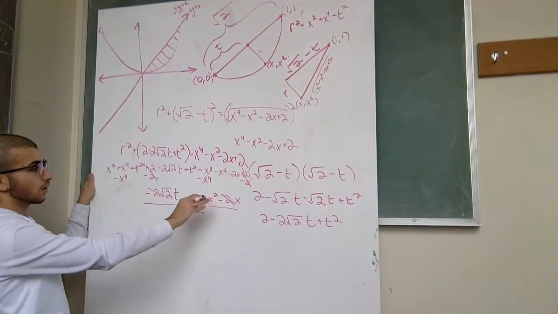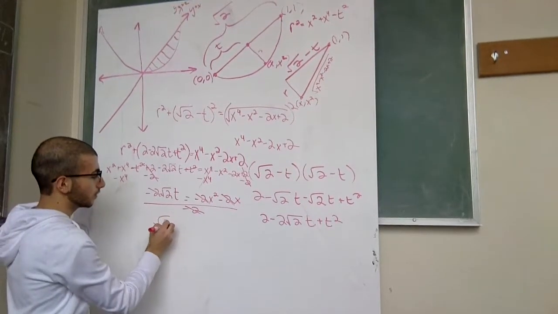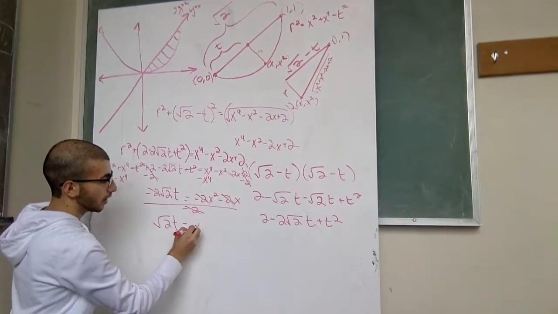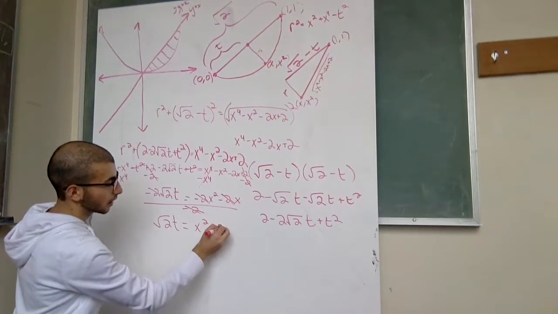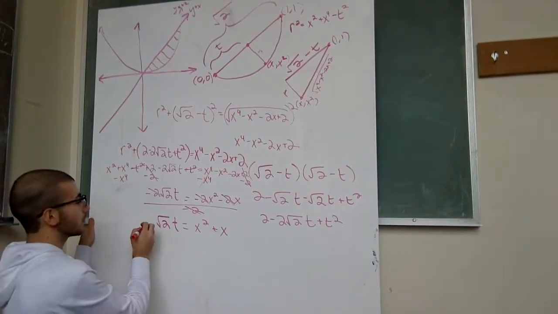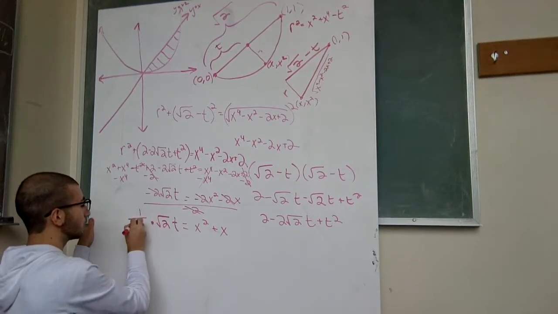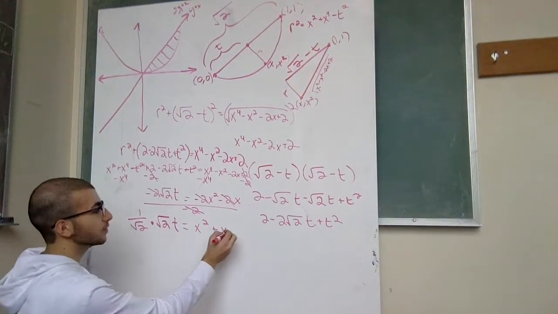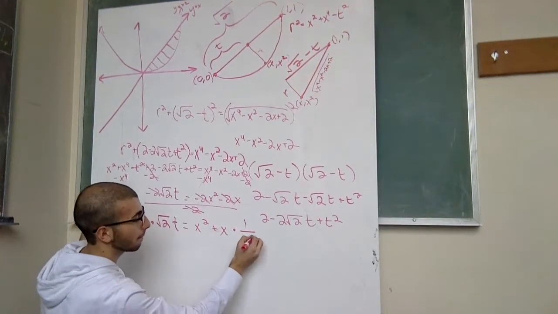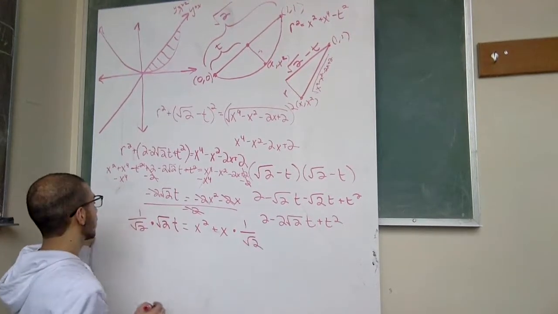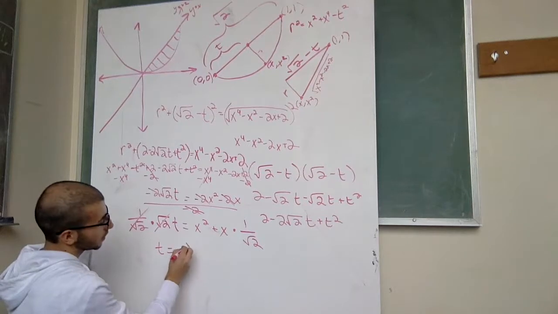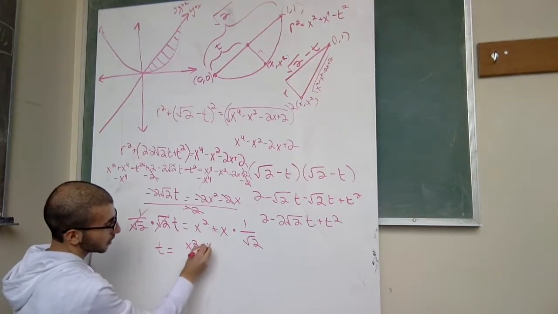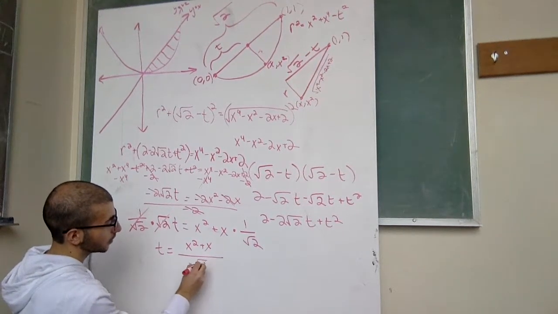And that cancels all of those 2's, so you're left with root 2 t is equal to x squared plus x. Here, what we can do is multiply both sides by 1 over root 2 in order to cancel out this root 2 from this side. So it's going to be x squared plus x all over root 2.